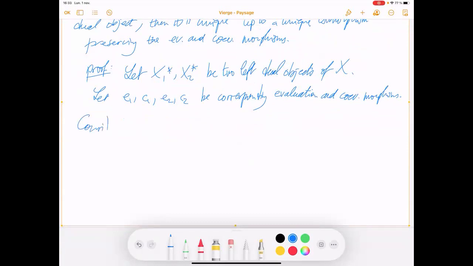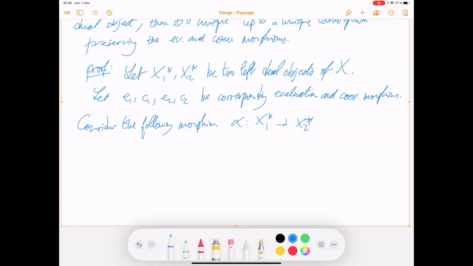So consider the following morphism alpha from X1 star to X2 star. Before writing, what is the idea to get such a morphism? We know that if you compose evaluation and co-evaluation, E1, C1, then by definition you should get an identity morphism.